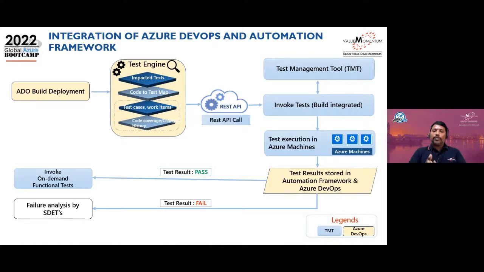We can design and identify the impacted test cases or all test cases, and we can use the NLP technique as well to optimize further based on the code which is deployed at that particular point of time, which is nothing but code to test mapping. And we can store test cases and work items and the code.